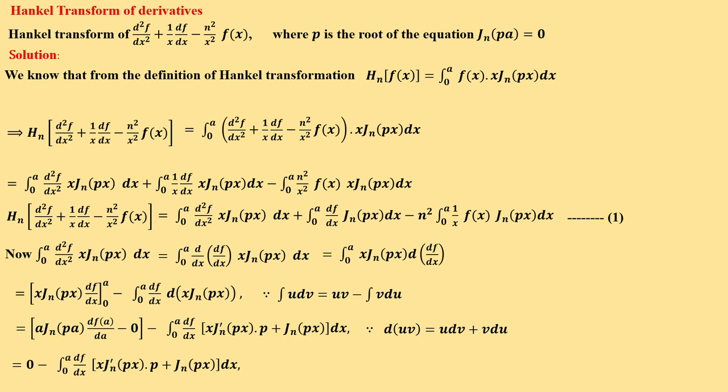Next, the boundary term is equal to 0 because Jn(pa) = 0, so the total term becomes 0, minus the integral from 0 to a of df/dx [x Jn'(px) p + Jn(px)] dx.